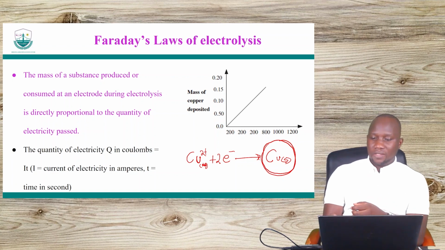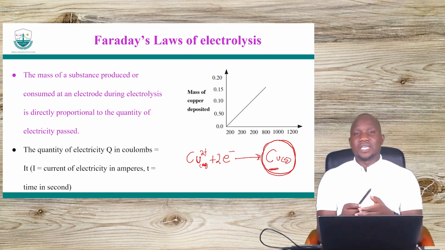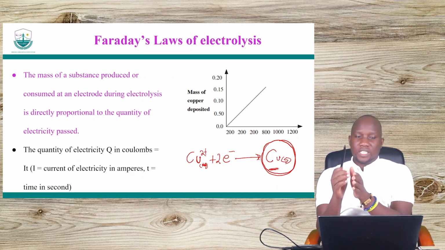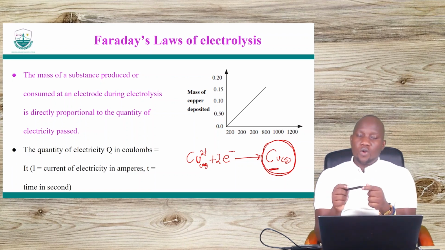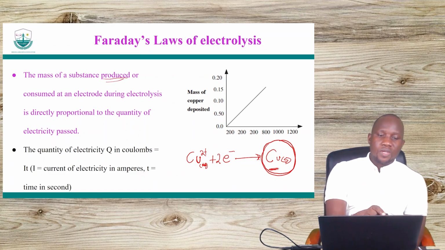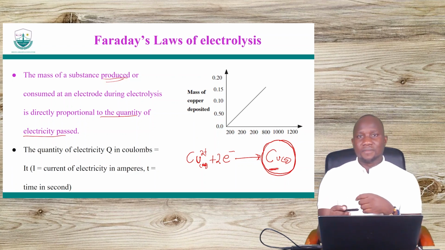So the mass of this copper, which is actually being deposited or produced, is proportional to the amount of electricity that is being passed.